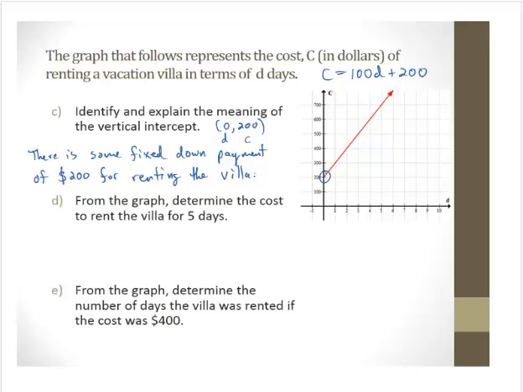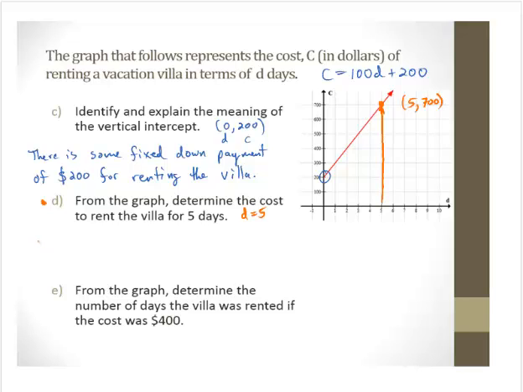Exercise D asks us, from the graph, determine the cost to rent the villa for 5 days. All right, so from the graph, so we go to where D equals 5. D equals 5, and we move up the graph to the point, and we see that that point is 5, 700.